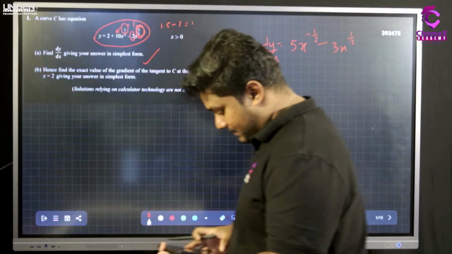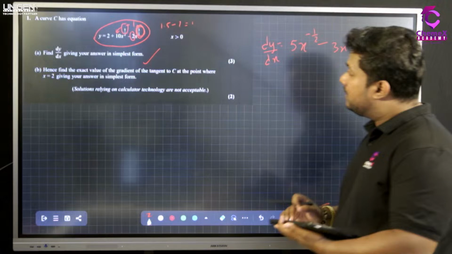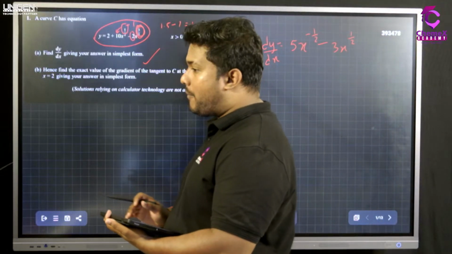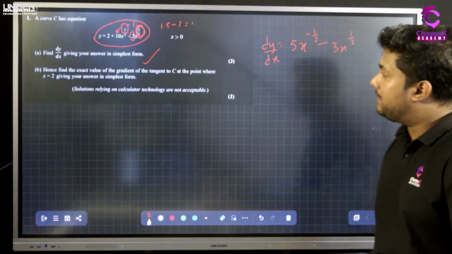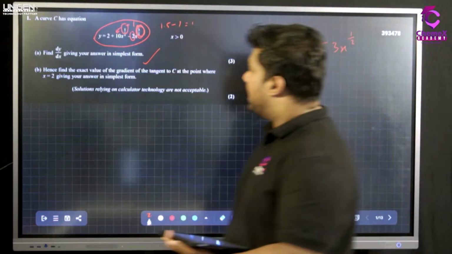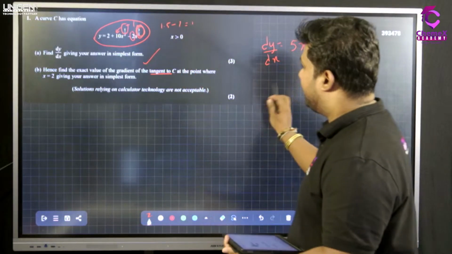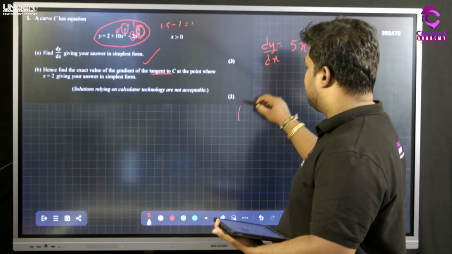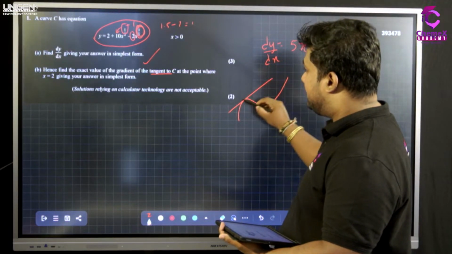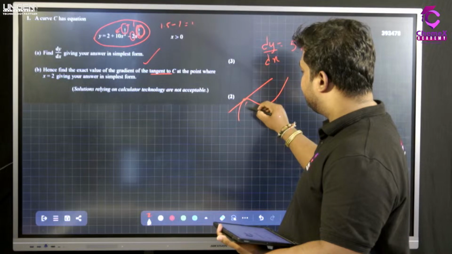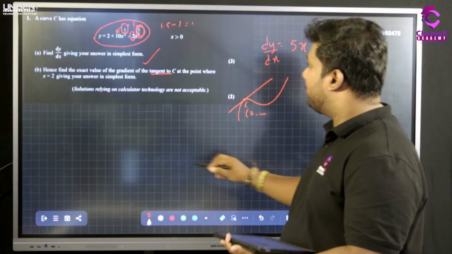The a part is completed. Next is the b part. So how do you do the b part? In the b part: hence find the exact value of the gradient of the tangent at C. If you take this as a graph, let's say this is C, x is 2. You can get the y also by substituting into the top equation, right?